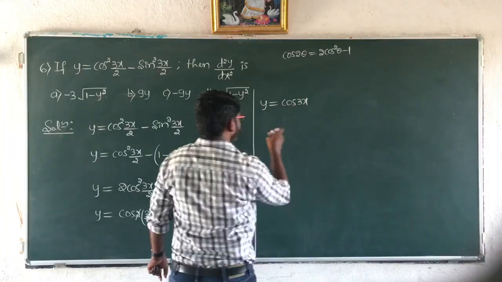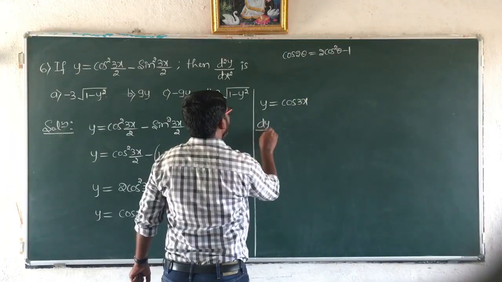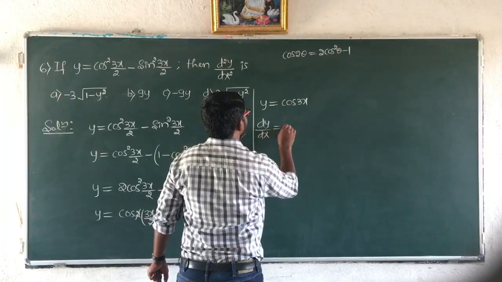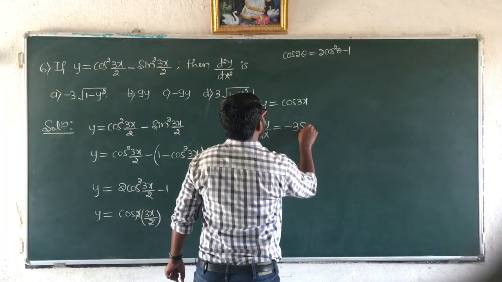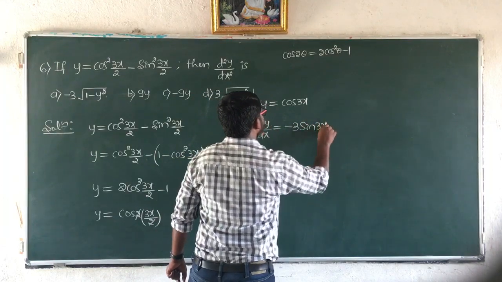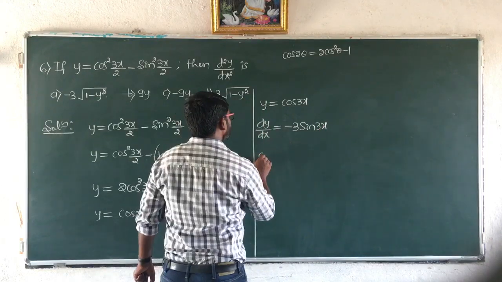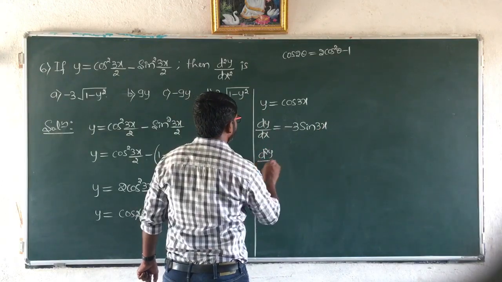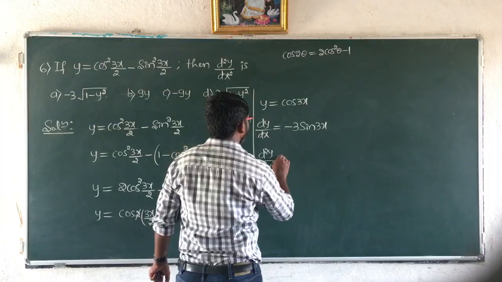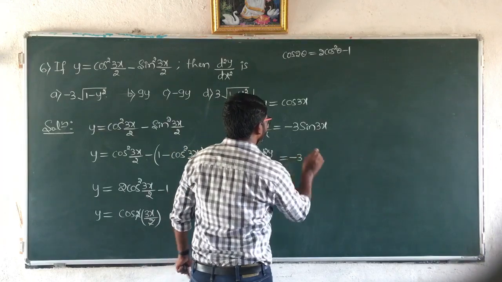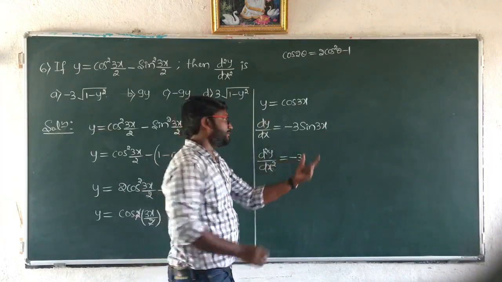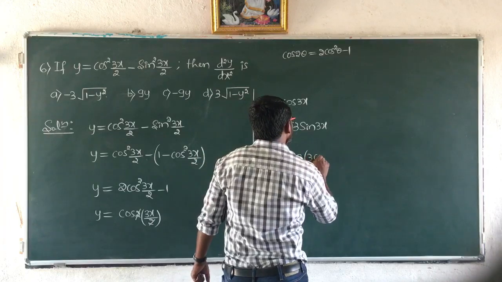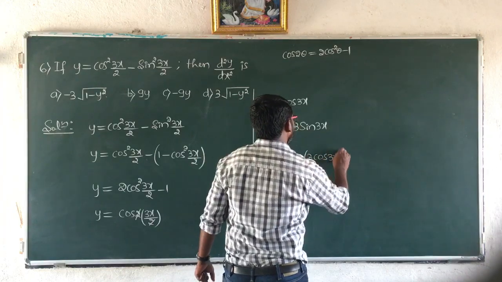cos 3x. Now differentiate this now. We get dy by dx, which is equal to minus 3 sin 3x. So now differentiate again. We get d square y by dx square, which is equal to, so minus 3 I write it as it is. Now derivative of sin 3x will be 3 cos 3x.